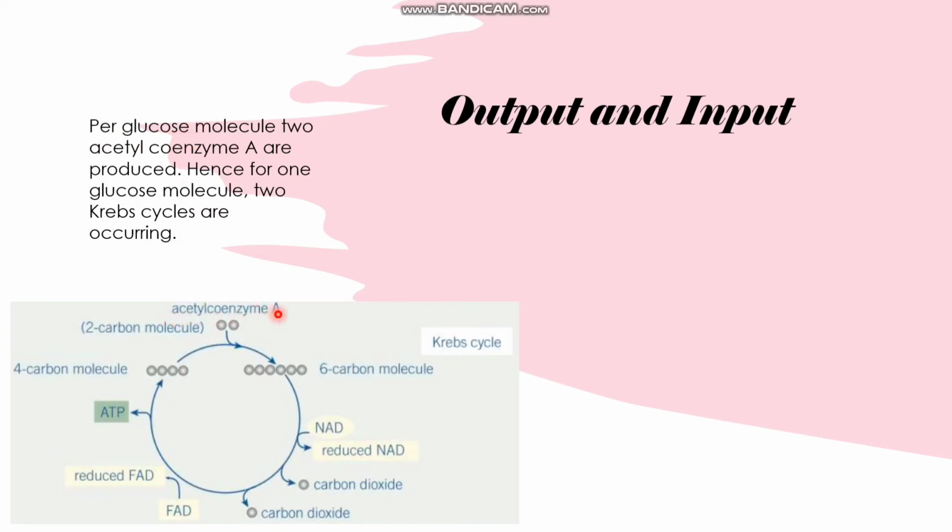And as one acetyl coenzyme A is enough to form a full Krebs cycle, that means that per glucose molecule, as we have 2 acetyl coenzyme As, we are completing 2 full Krebs cycles per glucose molecule.